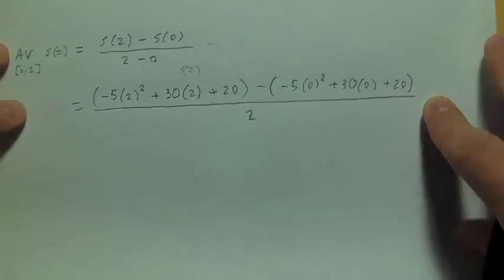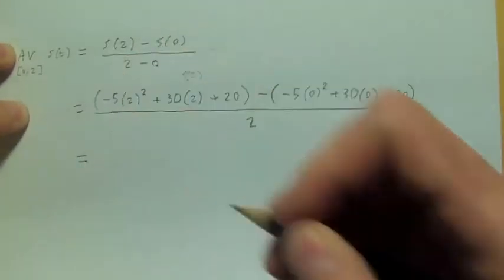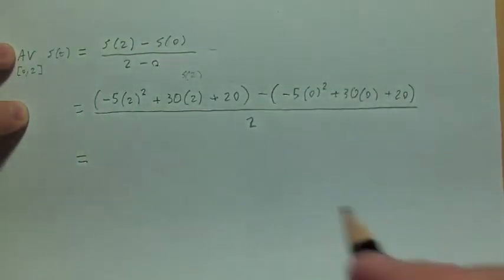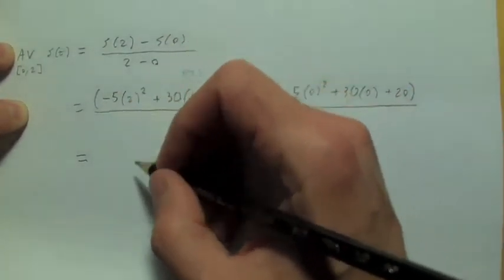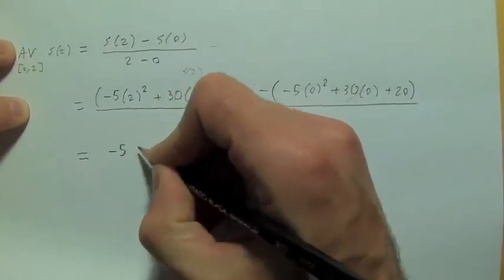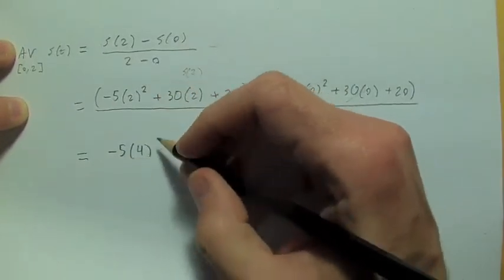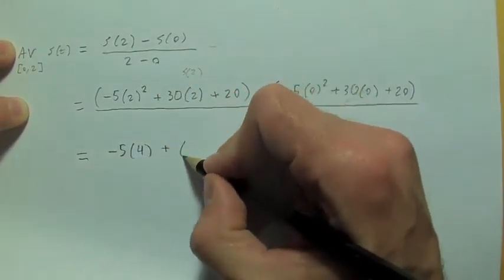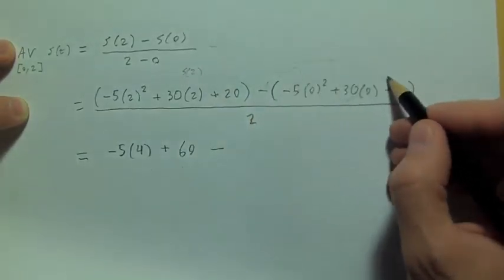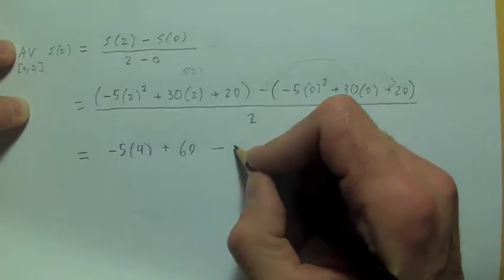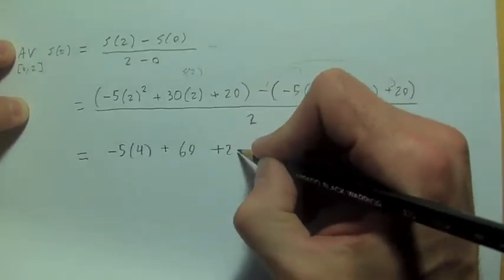Okay, so let's simplify this out a bit. These guys zero out, no problem. And I'm just going to write it out explicitly. Negative 5 times 4 plus 60 minus, and make sure this negative sign affects everything, but here it's just going to affect the, whoops, I forgot the plus 20 here.